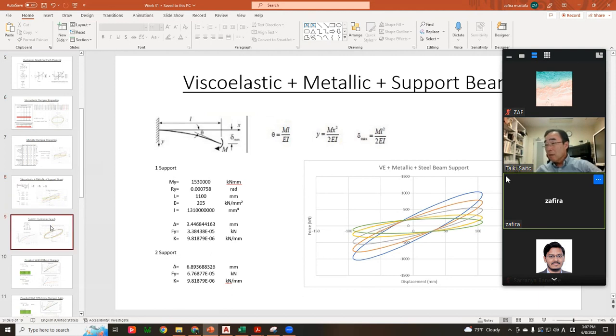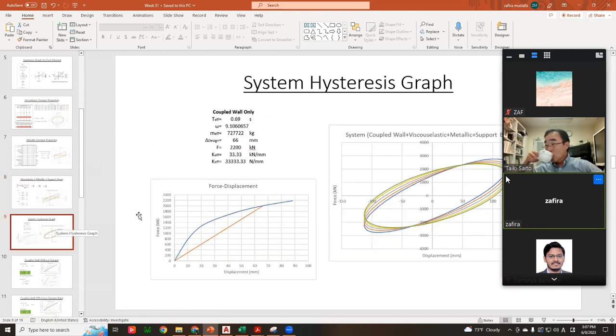And how about the overall system? Why do you do pushover without damper? I just want to get the stiffness of the building only. Why? To get the stiffness of the structure. But you have a metallic and also viscoelastic damper that has stiffness.